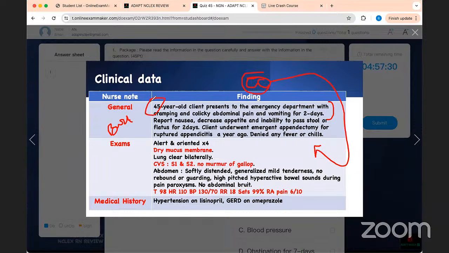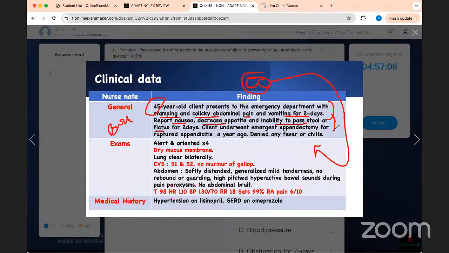We have a 45-year-old. I'm going to align the buzzword, right? Present to the emergency room. Why? Crampy, colicky abdominal pain, vomiting for 2 days, nausea, decreased appetite, and inability to pass gas or stool. If you can't make a diagnosis here, then you're going to be lost. But don't be lost, even if you can.